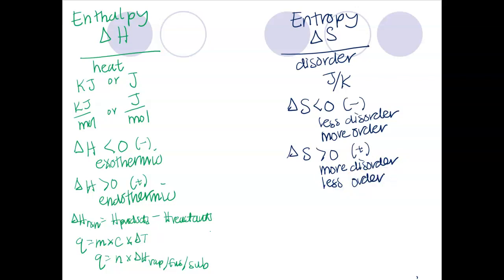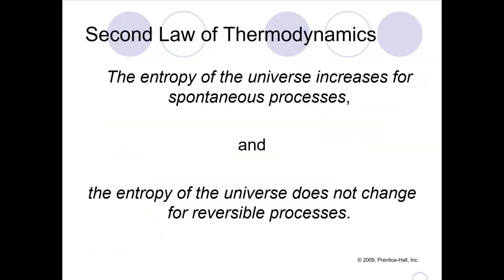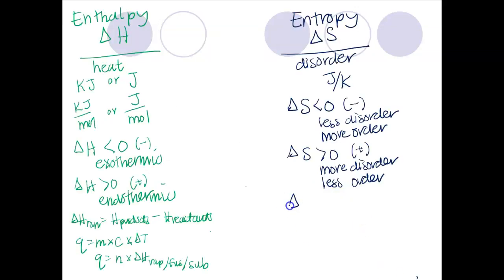So the ways we can solve for delta S, well, the equation that we're getting ready to practice looks like this. We also have the one that was on the previous slide also said final minus initial.